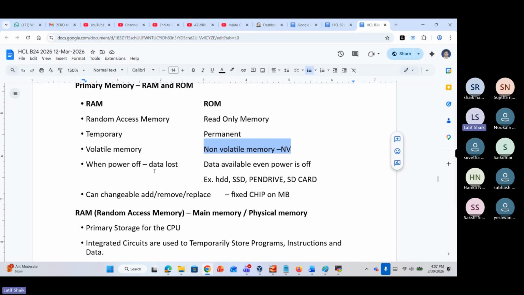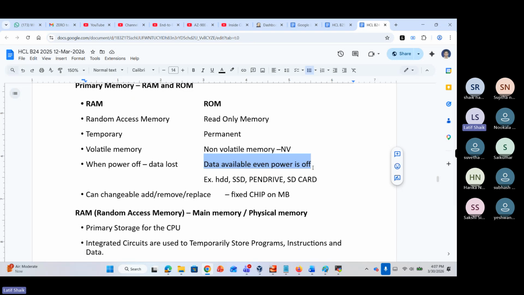So what is meant by volatile memory? When the system is down, the data in the volatile memory device is lost. When the system is shut down, there is no data in the RAM. That's a simple example.